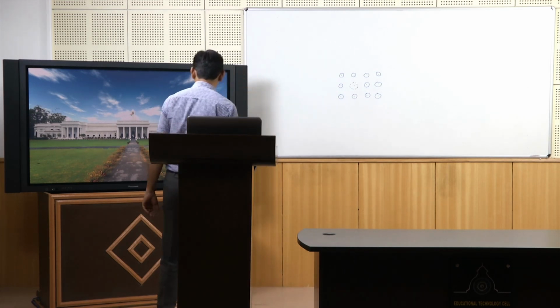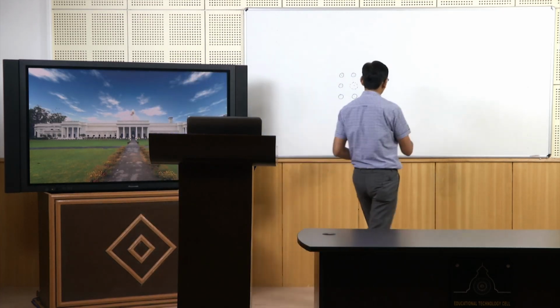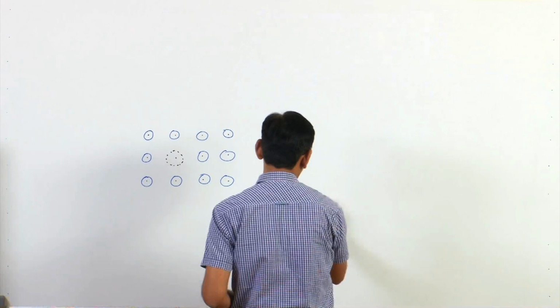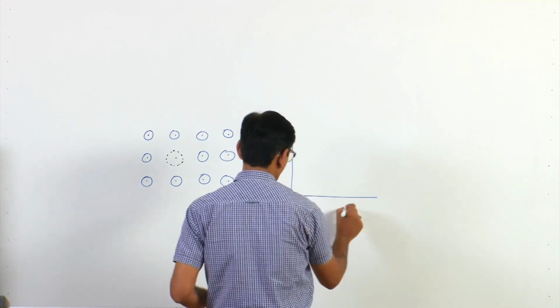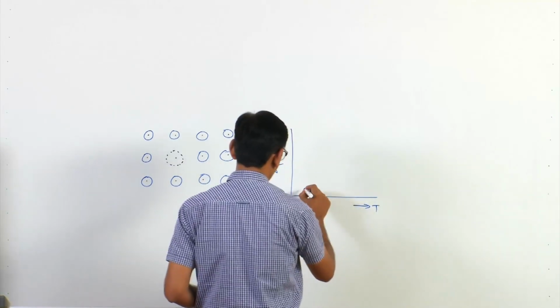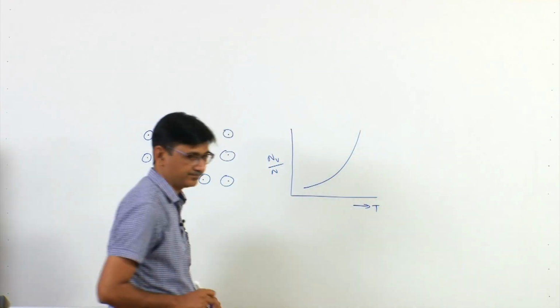So, basically it is related to the bonds, how much energy is required to break all the bonds and take out the atom. k is the Boltzmann constant and T is the absolute temperature. So, if I want to know the number of vacancies at a given temperature, this is an exponential relationship. If I plot it as a function of temperature, it will increase something like this.